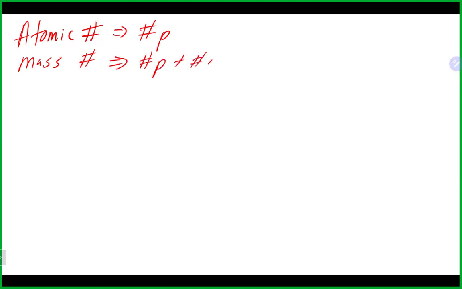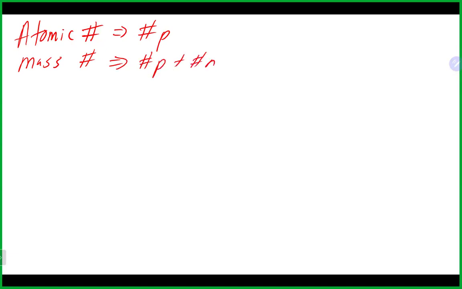We talked about atomic number, I believe. Remember that the atomic number is the number of protons in an atom. We also talked about the mass number, which is the number of protons plus the number of neutrons.